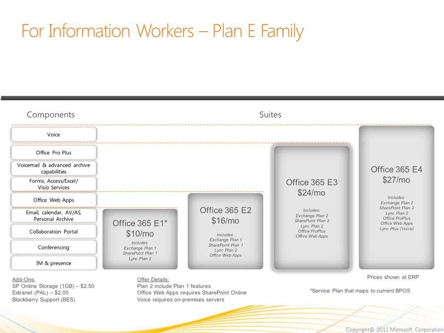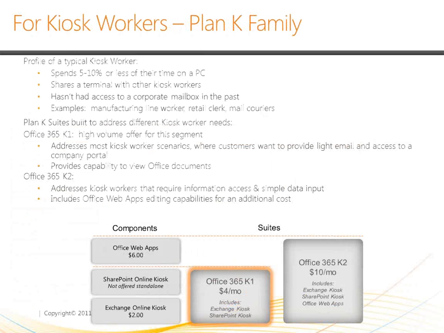And you'll see the E1 starts at $10 and E4 at $27, and that's per user per month. We could also add storage to SharePoint, for instance, and things like that. There are add-ons. If I move on, we also have, as I mentioned before, the kiosk plans.